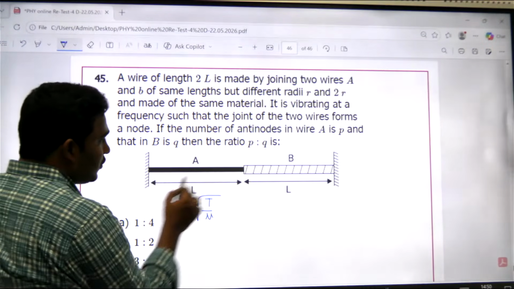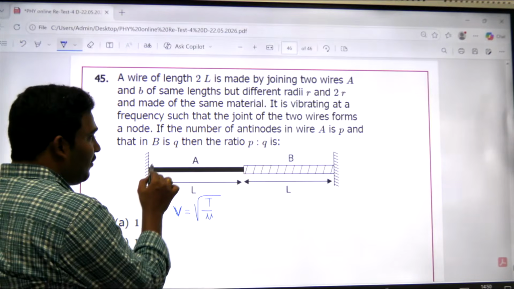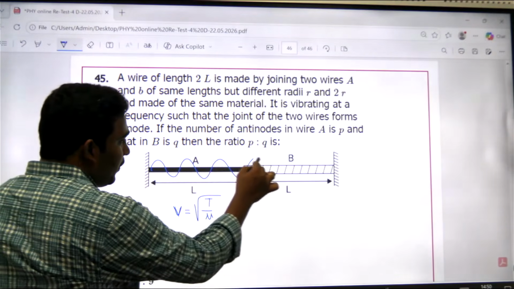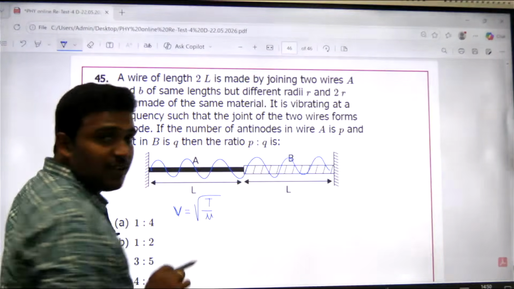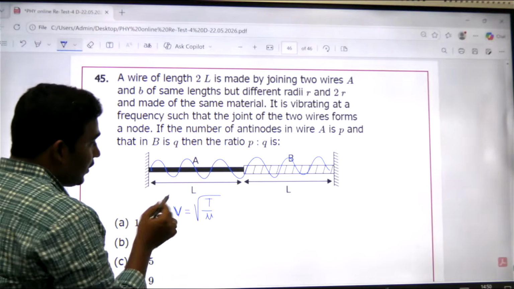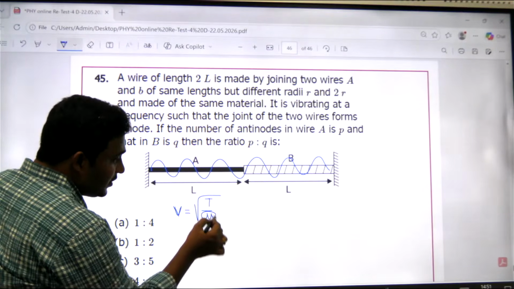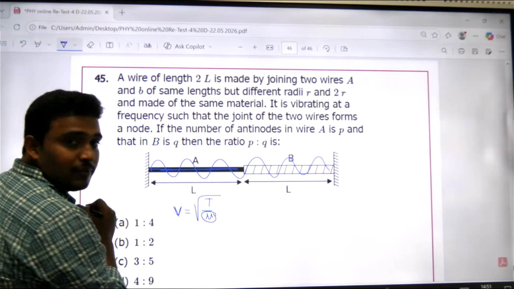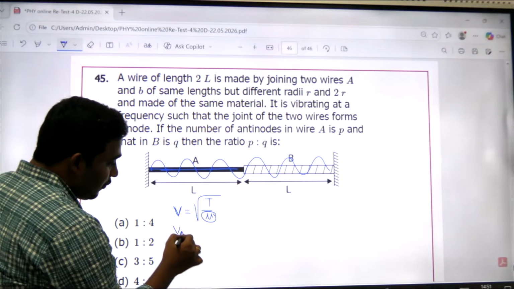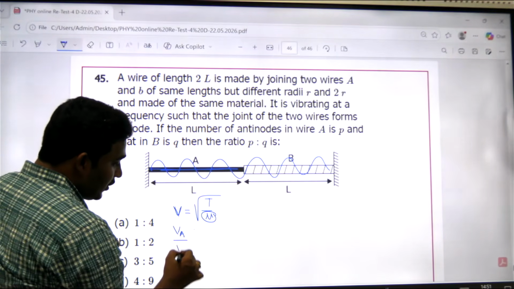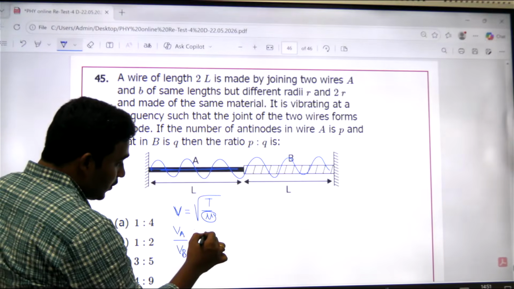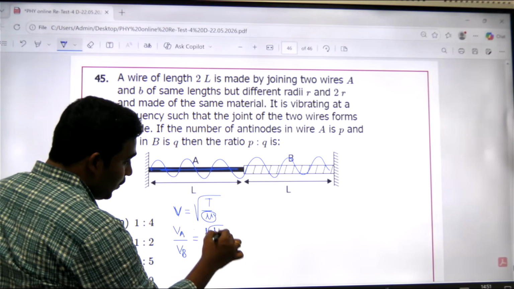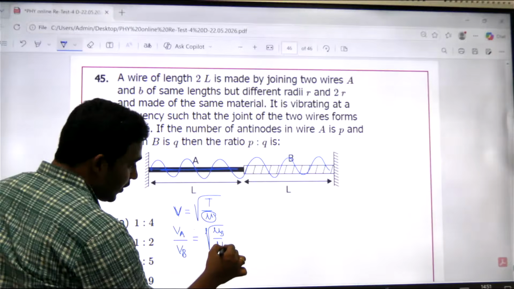Now, if you carefully observe, we know that if a wave is traveling from one medium to another medium, the frequency will remain the same. Can I simply say the density is smaller in the first one? So can I simply write it as velocity of A by velocity of B is equal to under root of mu B by mu A.